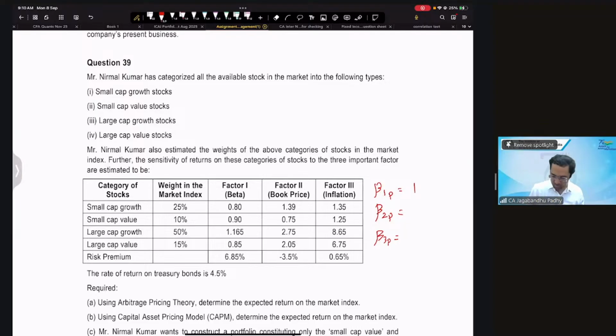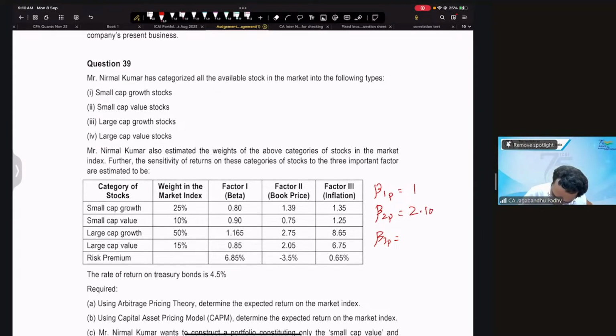Yes. What is the beta 2 of the portfolio? 2.105. And what's the third beta of the portfolio? 5.8. Okay. So that's your beta.